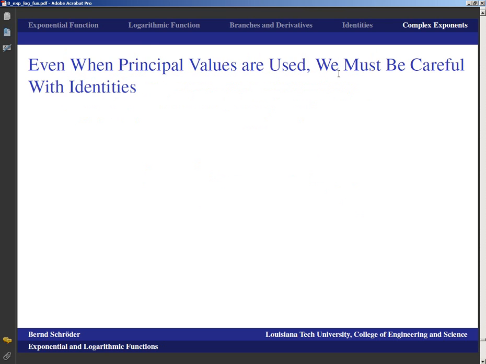And finally, one more word again regarding identities. Even when we are dealing with principal values, we must be really, really careful with identities. For example, here also now for powers. Take a look at i times i raised to the i.